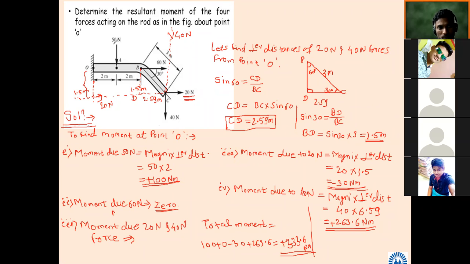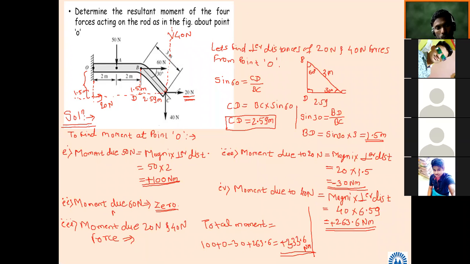If the line of action of a force passes through a particular point, moment is 0. It falls in the second case. The line of action of the 60 Newton force passes through point O, so moment is 0.